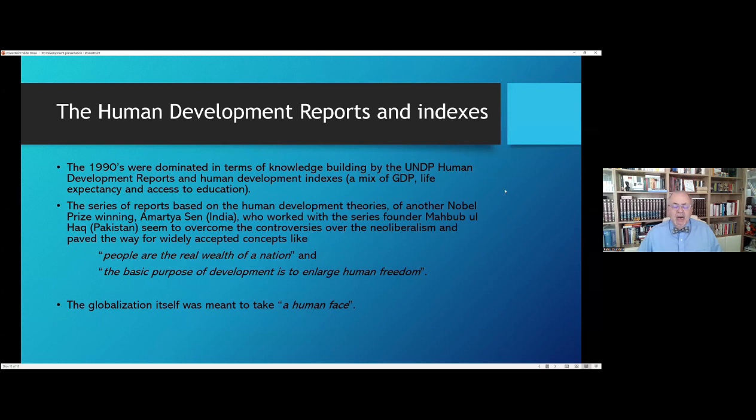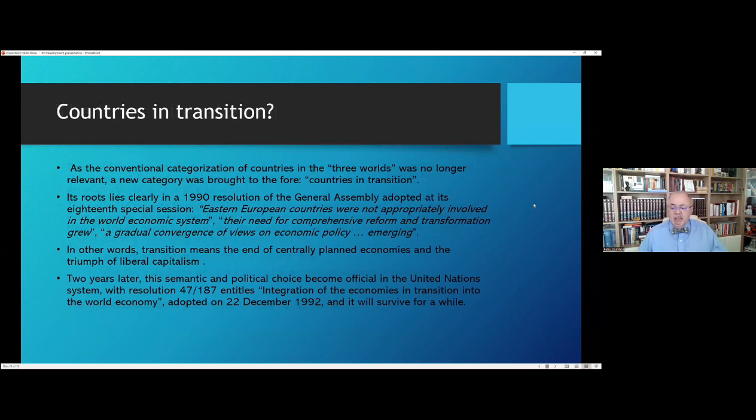The UNDP produced these human development indexes. They were quite controversial at that time, but they became a very important reference point in assessing the performance of states in development. And we are all very familiar now with a sequence of such human development reports.